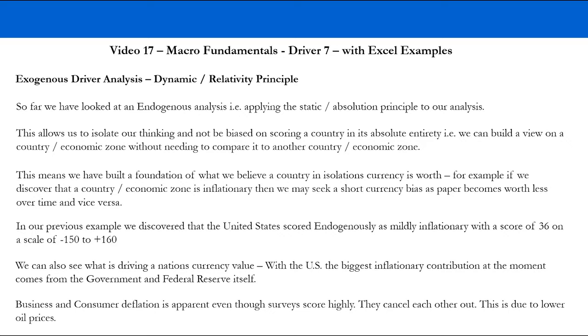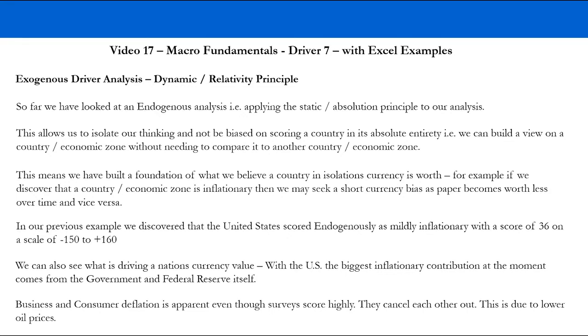And this basically means that we've built a foundation of what we believe a country in isolation's currency is actually worth. So, for example, if we discover that a country or economic zone is inflationary in nature, then we're probably looking to seek a short currency bias, as the paper becomes worth less over time, and vice versa.